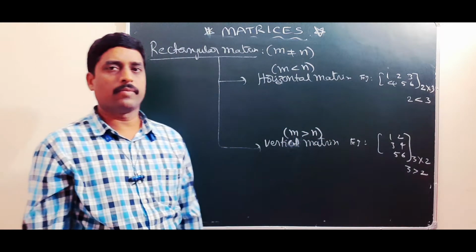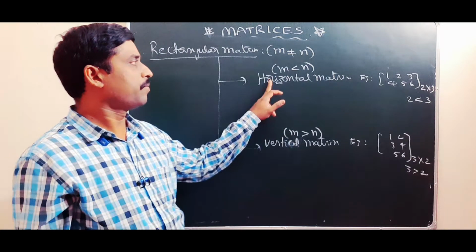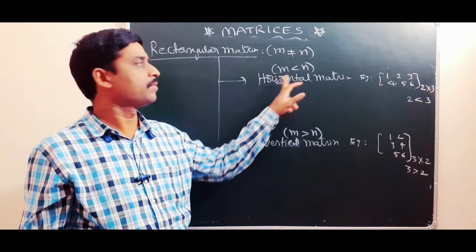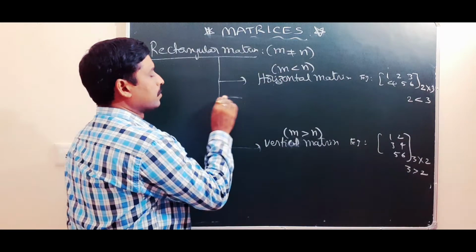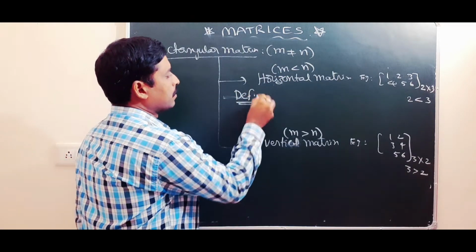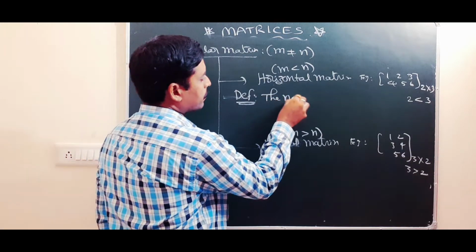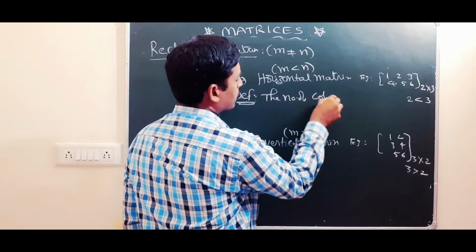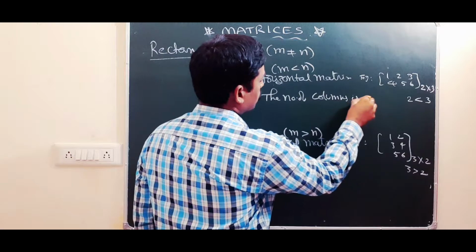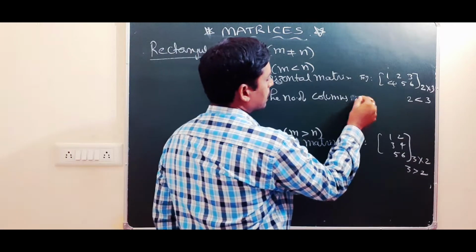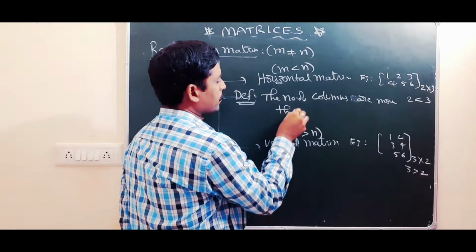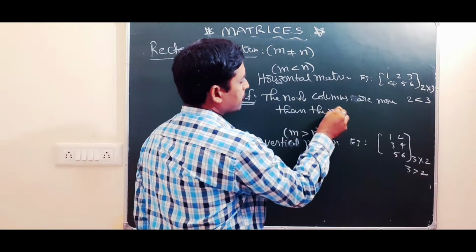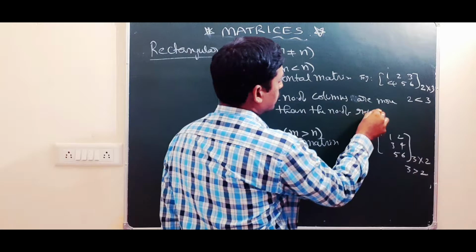So what is the definition of horizontal matrix? The number of columns is more than the number of rows.